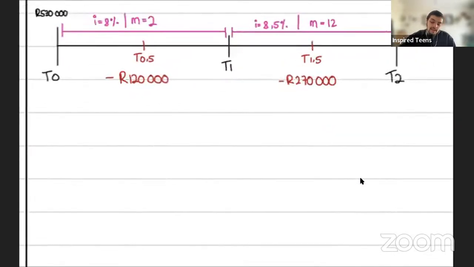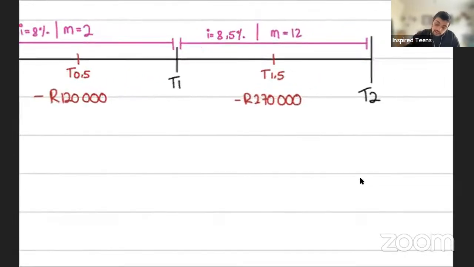So this timeline is golden in answering this question. You don't even need the question now because everything can be seen from the timeline. This person takes out a loan of 530,000. The interest rate for the first year is 8% compounded semi-annually. In that first year, 6 months in, they made a payment of 120,000 towards that loan.